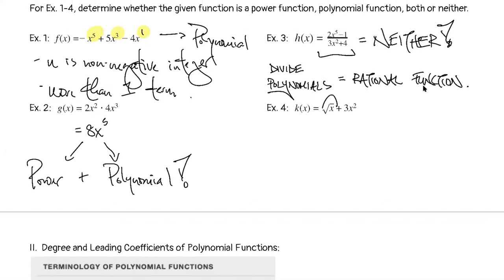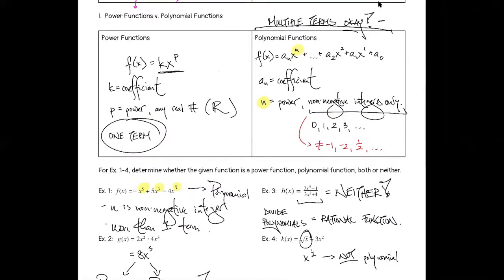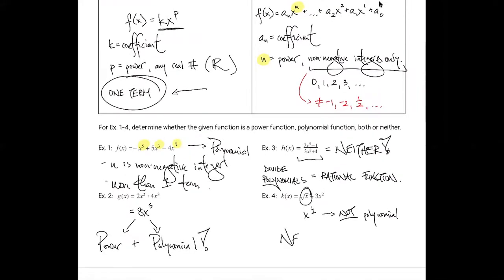Okay, I buy that this is x to the 1/2, which means it's not a polynomial, right? 1/2 is not a non-negative integer. But let's look back at our definition of a power function. A power function can only have one term. This one has two. It's got the square root of x and the 3x squared. So this one is also neither.